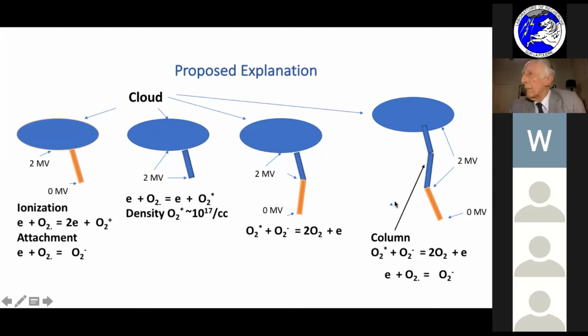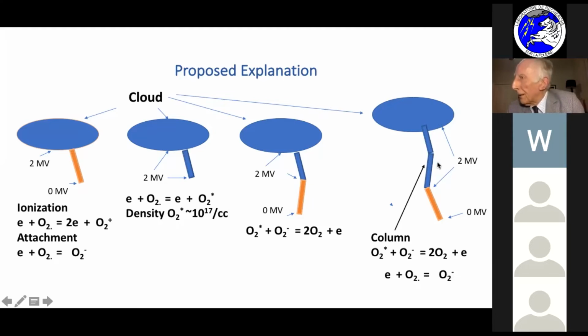Now, the consequence of this proposal is that this column, and the column can be very long, because it's conducting, the potential at the tip of the column before the step approximates that of the cloud.